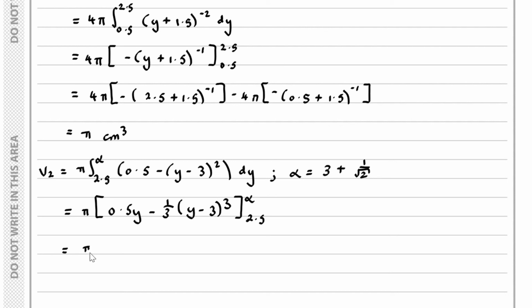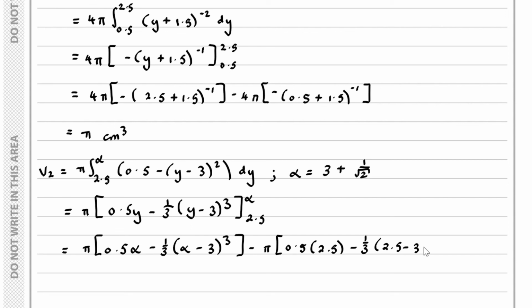So here for the upper limit, we've got pi lots of 0.5 alpha minus a third lots of alpha minus 3 all cubed. So that's what we get for the upper limit. And then for the lower limit, we're going to have pi lots of 0.5 times by 2.5 minus 1/3 lots of 2.5 minus 3 all cubed.